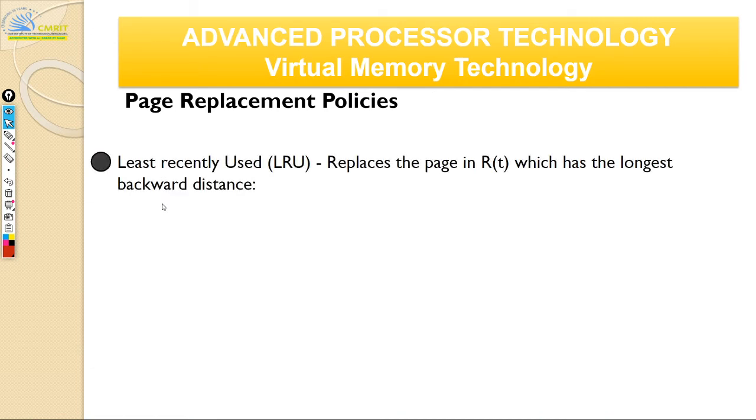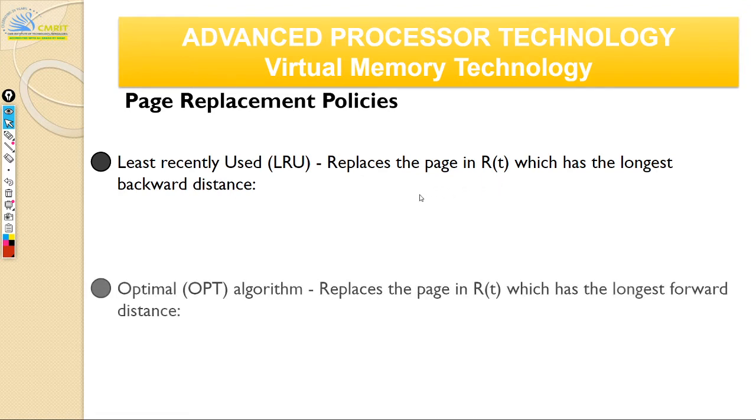Now based on these distances, we are framing some algorithms. The first one we will see is least recently used. Probably you would have heard of this, or studied this in your operating systems course. The least recently used algorithm replaces the particular page r of t that has the longest backward distance.